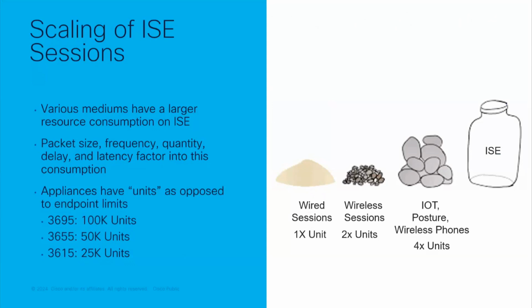So going back to the point that I was making earlier, there is no specific calculator for something like this, mostly because we just haven't put it onto a website or anything like that. And also because it really comes down to what types of endpoints a customer has in their network. What we've done our best to do is simplify scaling.